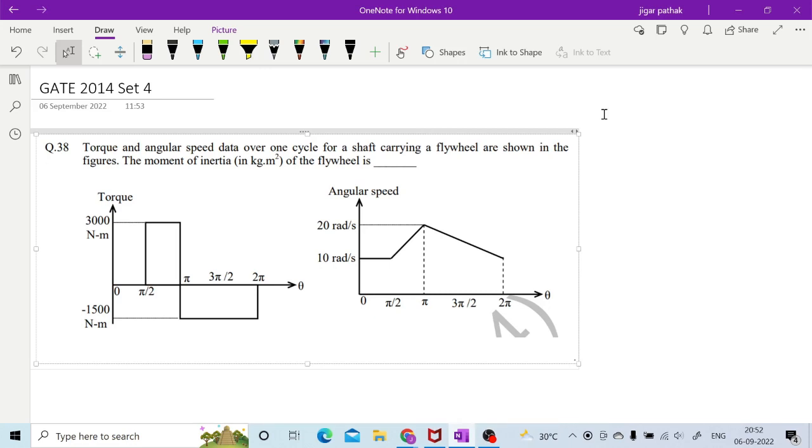Your omega max and omega mean is 20 and 10 respectively. So you can calculate your omega mean and k from this data. And one more thing you have to calculate is the fluctuation.